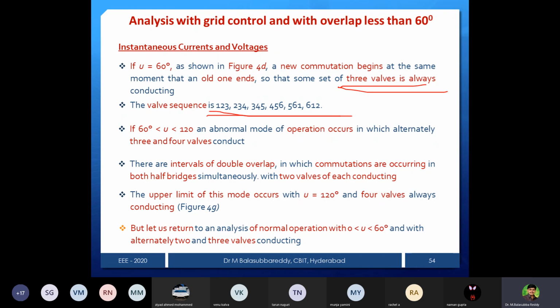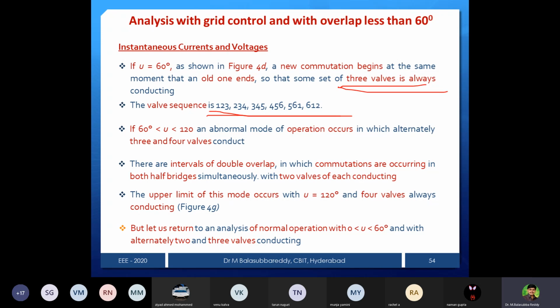If it is 2 3, what are the outputs, or if it is 3 4, what is the output? You are familiar with that part. Conducting devices have currents present and voltages 0, and non-conducting devices have currents 0.